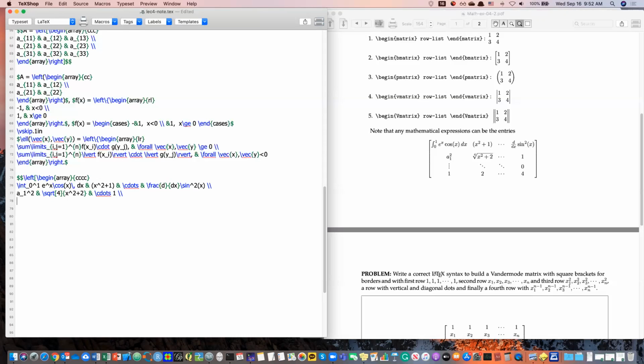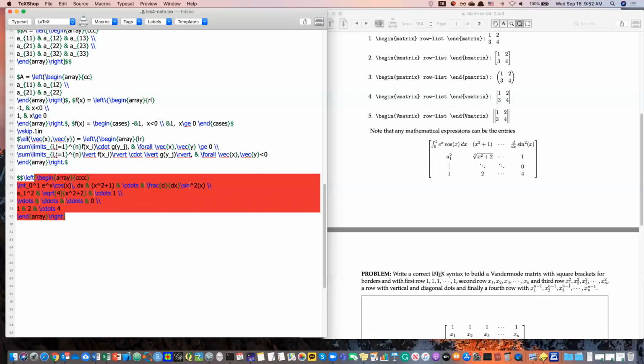And then now vertical dots, v dots, right? And then diagonal dots, d dots, and then 0. Go to here, 1, 2, d dots, and then 4, and the end of the array, right? The bracket.